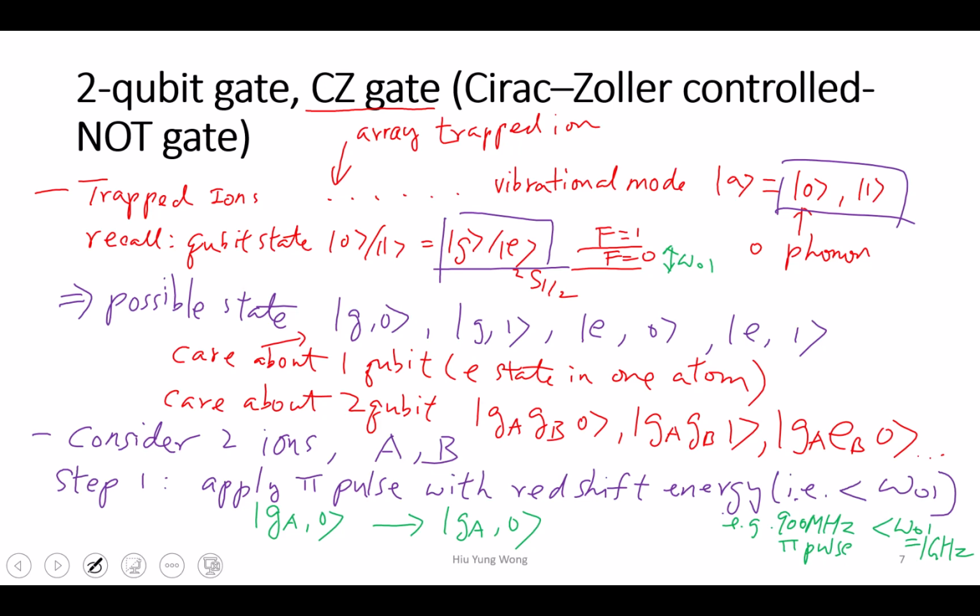But if I am actually at the excited state, okay, I'm on the second floor. But now it is quantum. In order to go to the first floor, I need to release 1 gigahertz of energy, right?